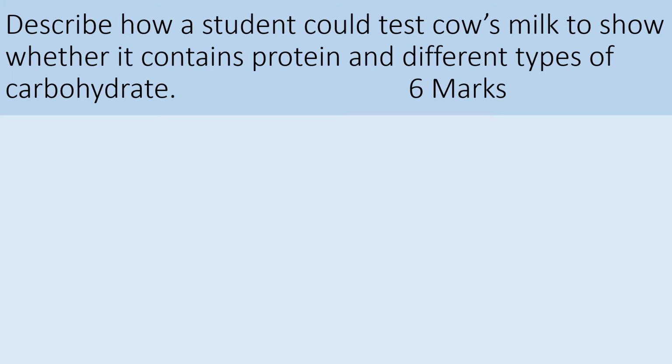Key part there is saying those different types of carbohydrate. We've got two types of carbohydrate. We've got our starch and we've got our reducing sugars such as glucose. So have a pause of the video. Spend about 6 minutes having a go at answering the question. If you want to spend longer, that's absolutely fine. When you are ready, you can unpause the video and I will show you my answer.